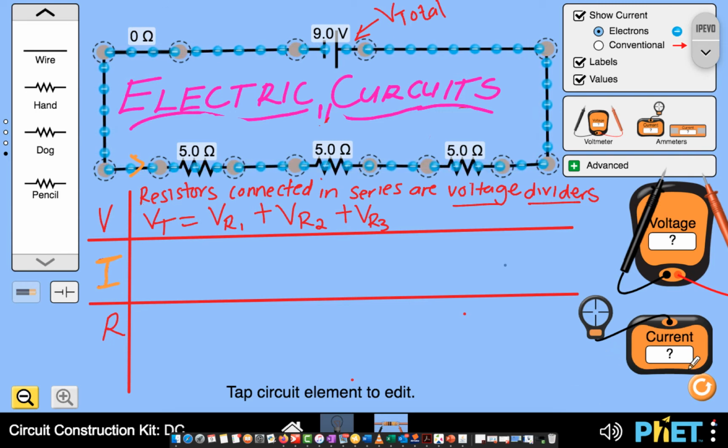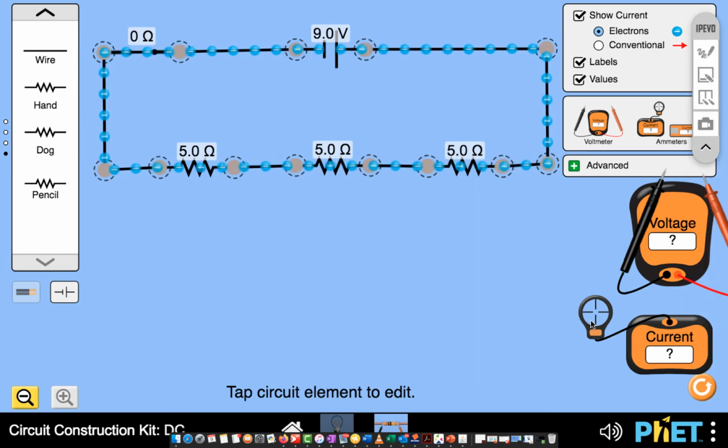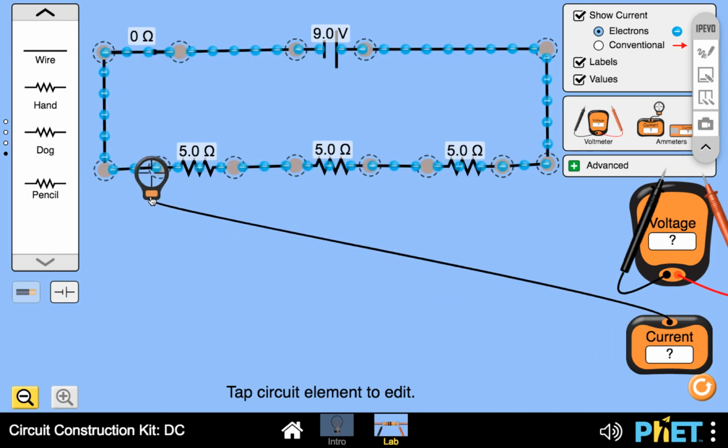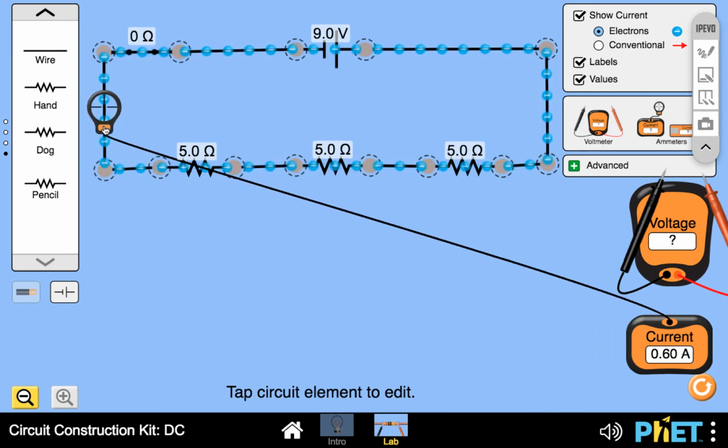Okay, so now let's check the current here. As you can see, we are going to check our current using this. So if we check the total current there, our total current is exactly 0.6 amps.